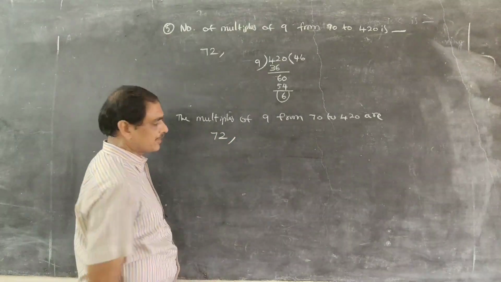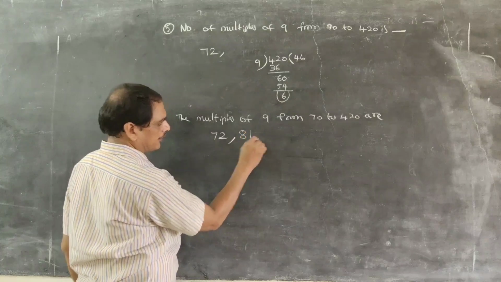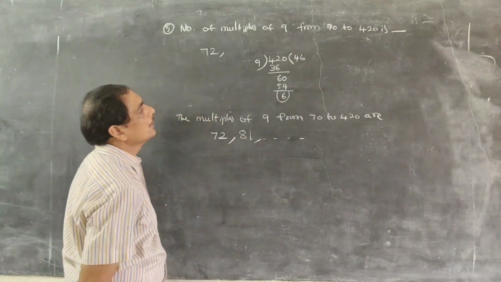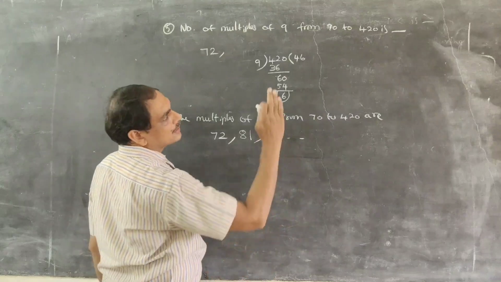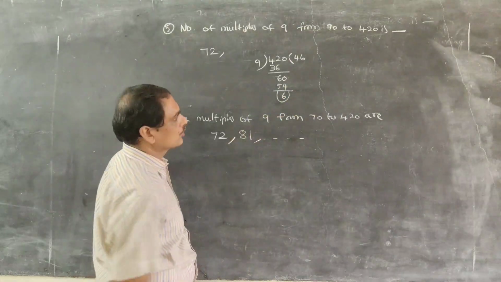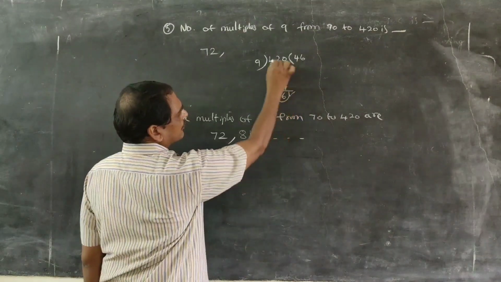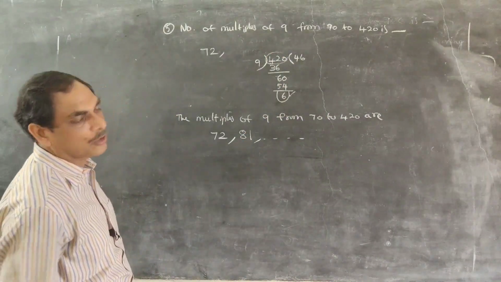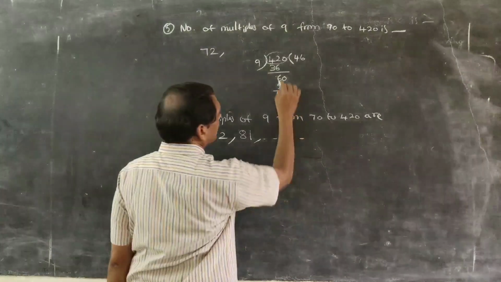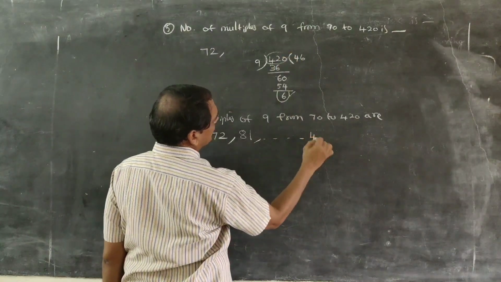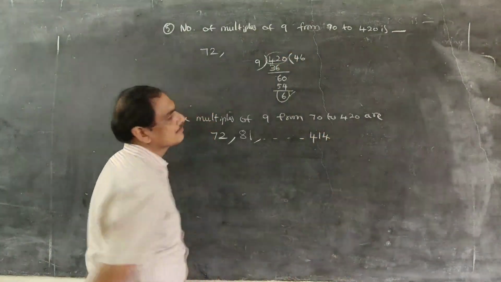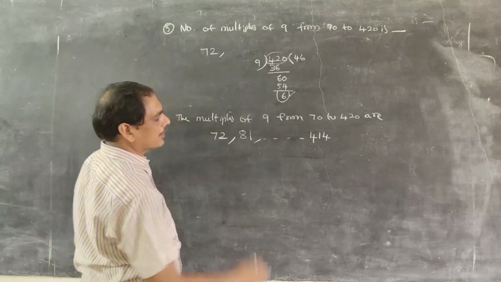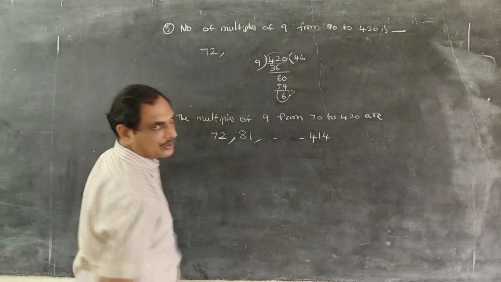The next multiple after 72 is 81, and so on. What is the multiple of 9 before 420? We subtract the remainder from 420. So 420 minus 6 is 414. So these are the multiples of 9 from 70 to 420.